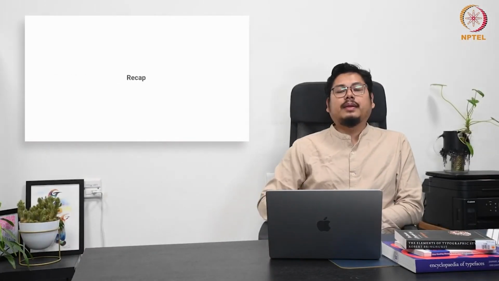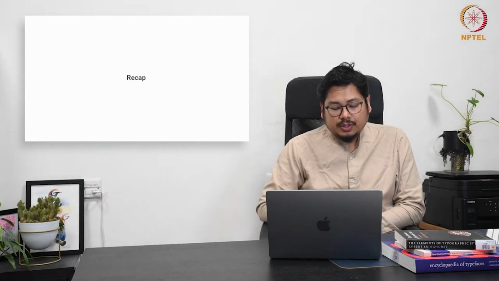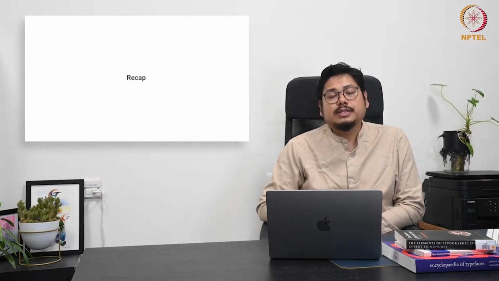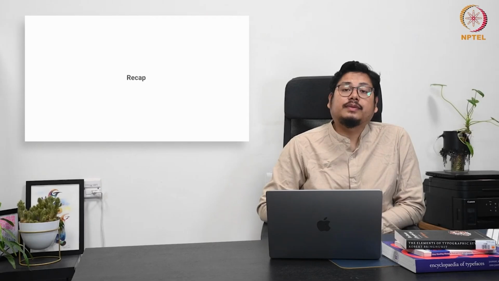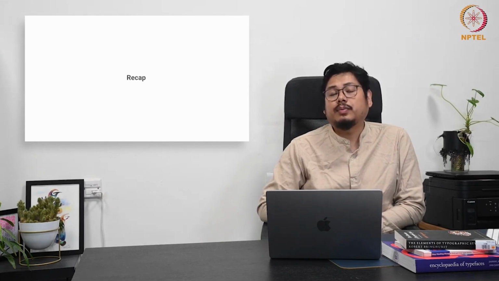So now we have come to the end of this session, and I'm pretty sure you have understood the variations of similarity. We have considered similarity in terms of color, how color helps us navigate the overall composition.